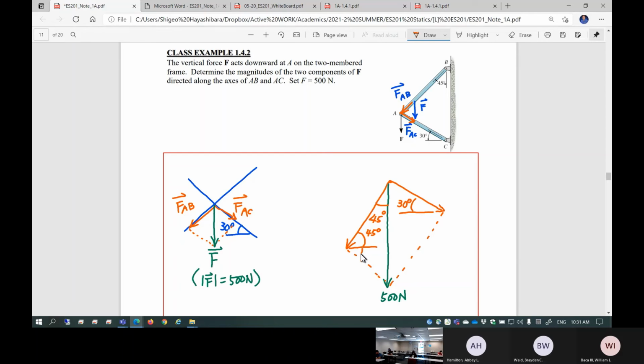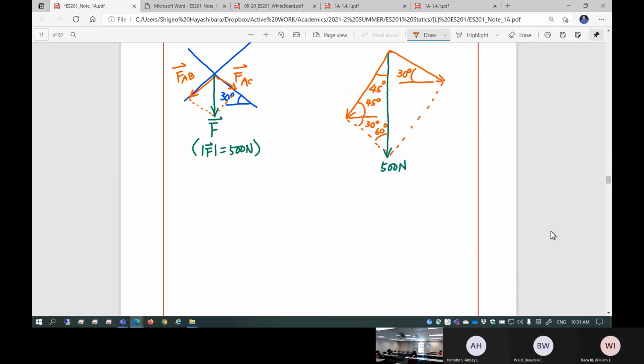The rest of it here is 30. Make sense? And knowing so, this is 60, isn't it? So now you are going to take a look at this triangle. The triangle you're going to draw here.